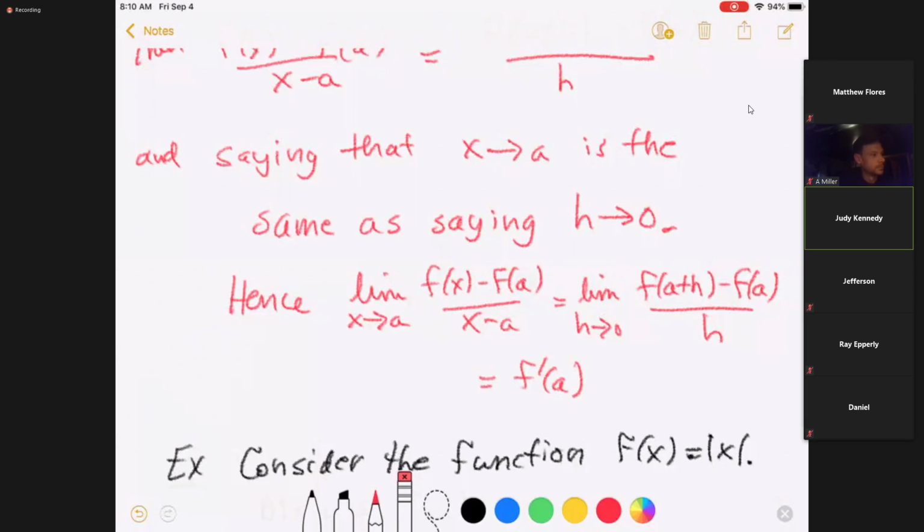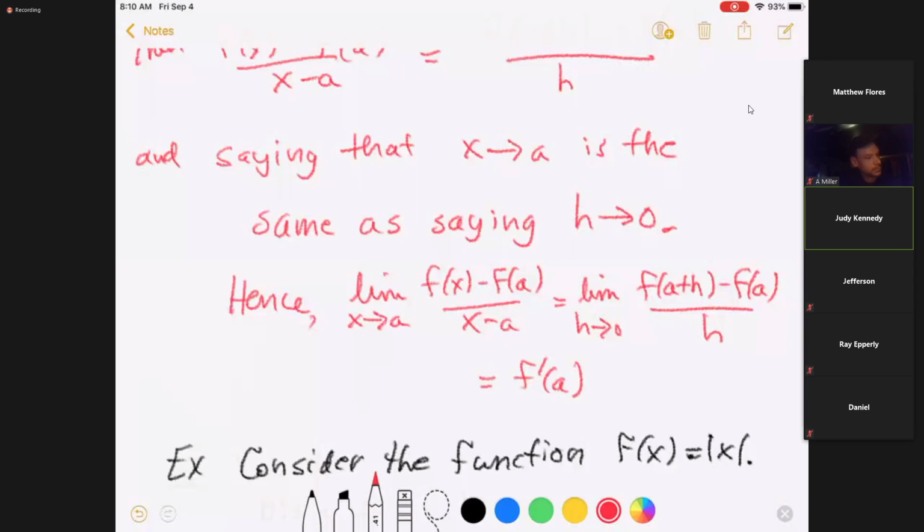We're going to learn a whole lot more than just differentiating polynomials. We are going to get some easier ways of computing derivatives, because taking this limit every single time you come across a function is tedious. So you need some shortcuts at some point, but not yet.